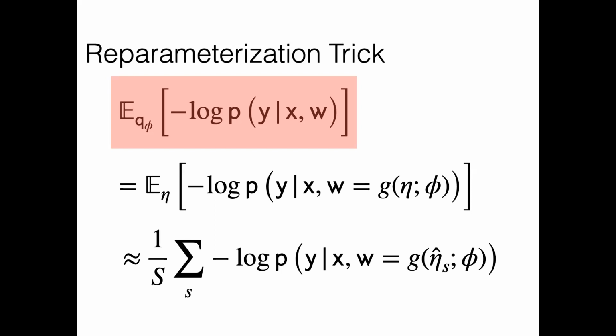And say I want the weights to be sampled from a normal with some mean and some variance, and I give you a sample from this.